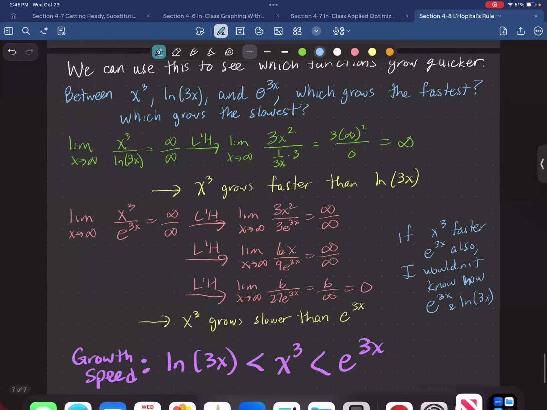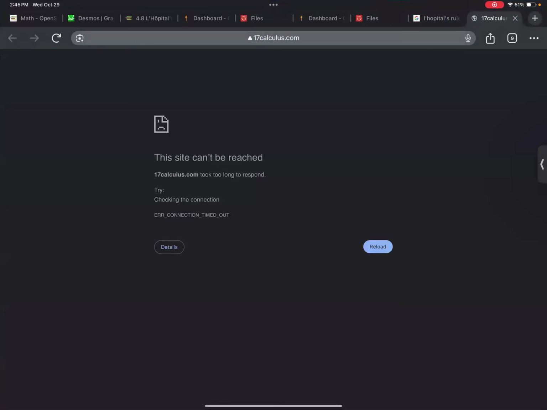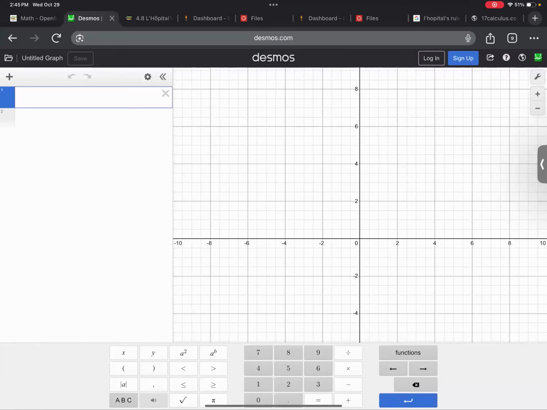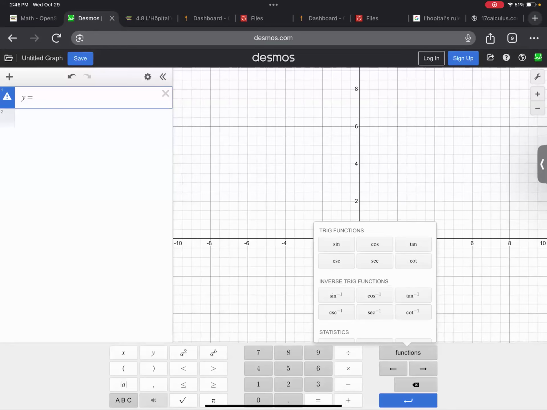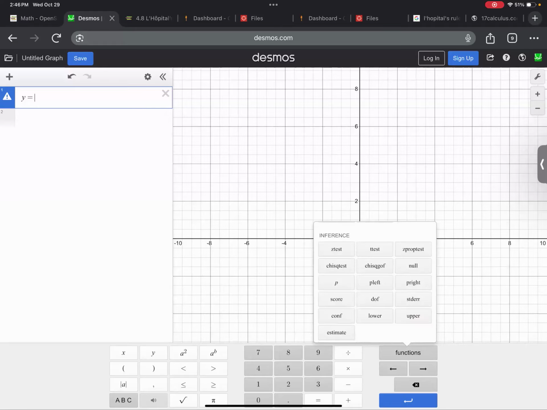Let's pop over to Desmos real quick, and I'll show you this in Desmos. Makes a little bit more sense. I wish I had this already set up, but we can do this real quick. I said, where's my natural log function?